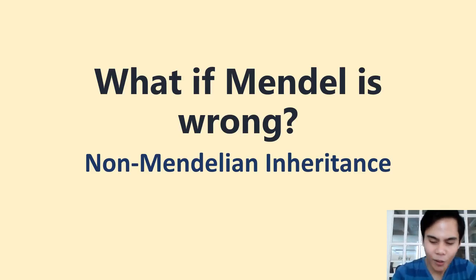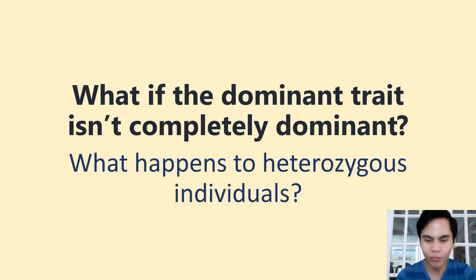So first things first, what if the dominant trait, yung dominante, hindi siya totoong dominant? Again, if it's not completely dominant, what happens to heterozygous individuals? So when we say heterozygous, we do mean those individuals that have a dominant allele and a recessive allele. Again, a dominant and a recessive allele.